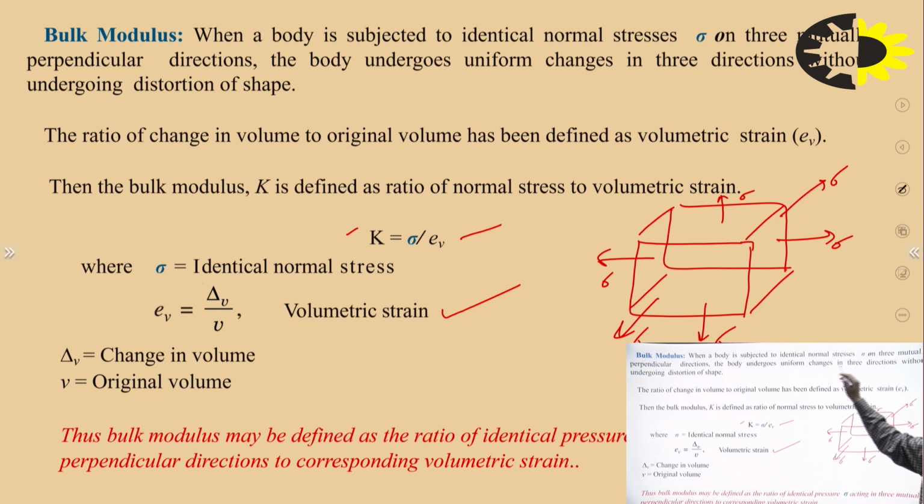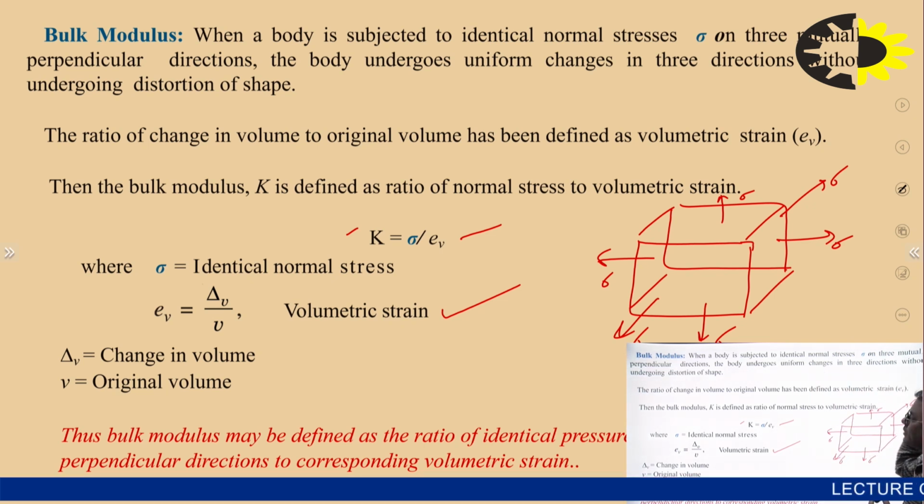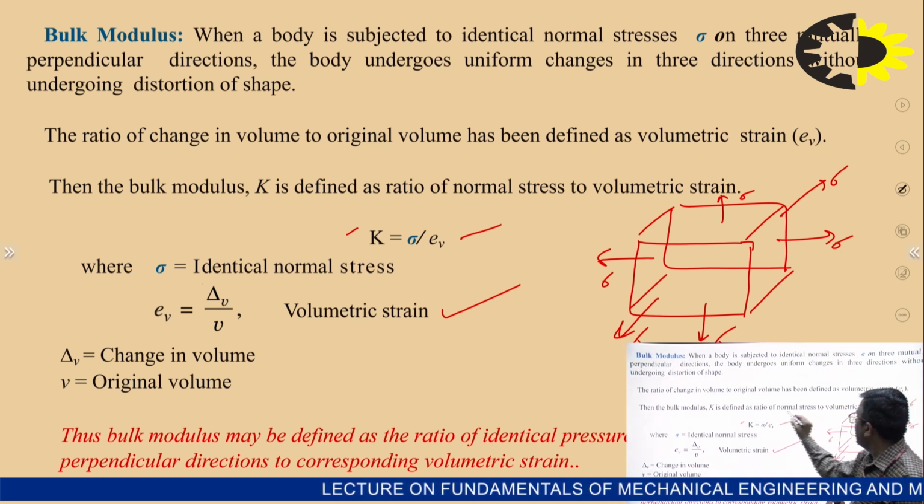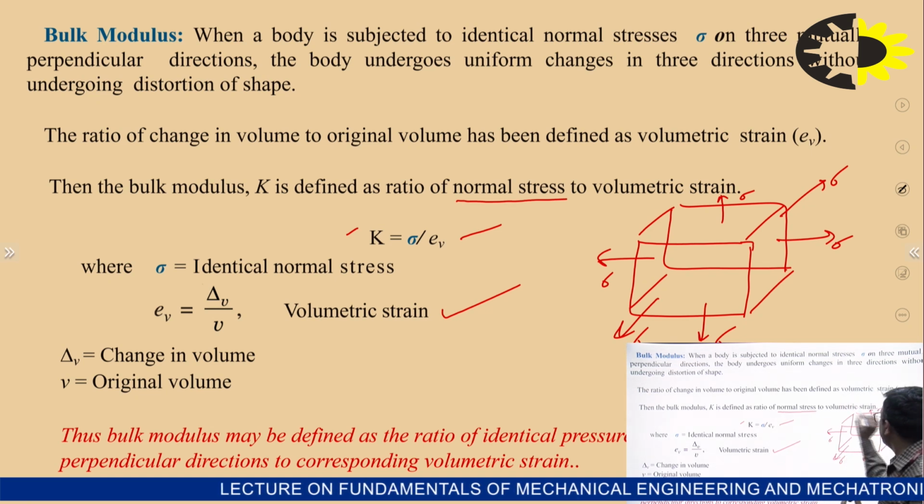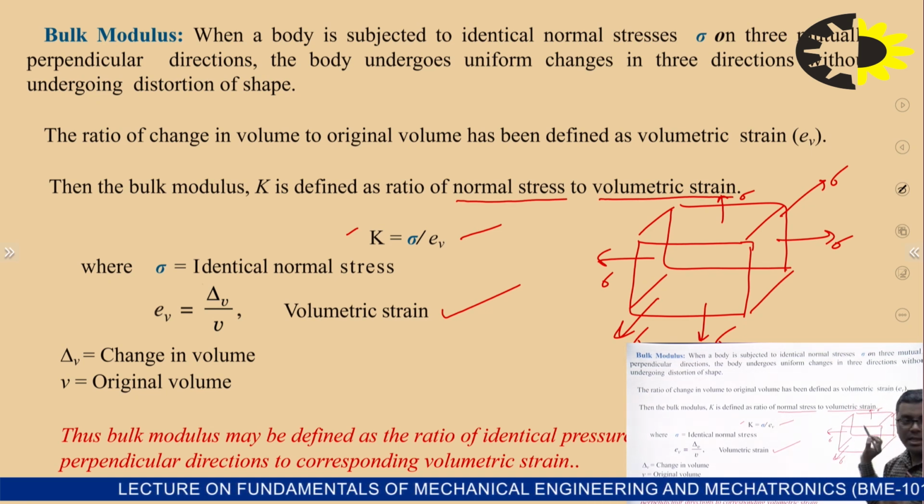When a body is subjected to identical normal stresses in three mutually perpendicular directions, the body undergoes uniform change in three directions without undergoing distortion of shape. So the ratio of change in volume to original volume is known as volumetric strain, and the bulk modulus is defined as the ratio of normal stress to volumetric strain.